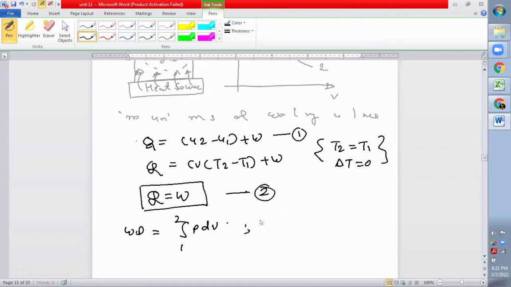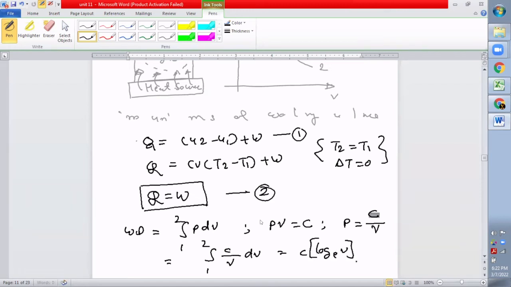And we know that for a constant temperature process, the product PV is equal to C. So in this case, P is equal to C by V. So work done is equal to integration 1 to 2 of P dV, which is equal to the integral from V1 to V2 of C by V dV, which is C log to the base e of V, from V1 to V2, or we can say it is equal to C log to the base e V2 by V1.